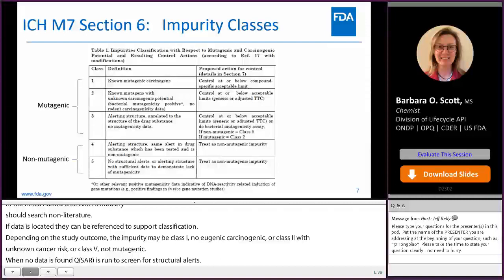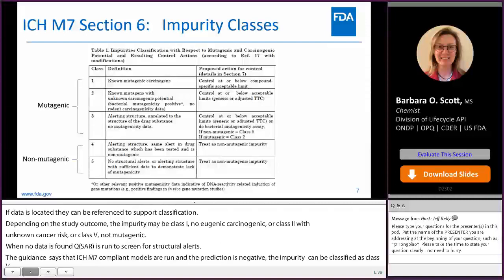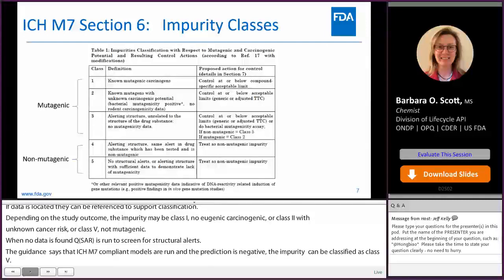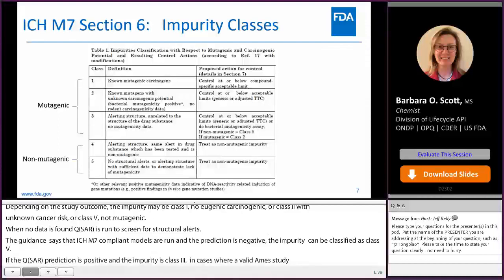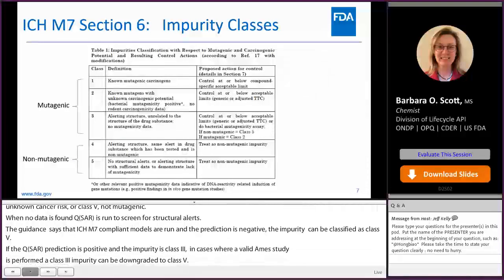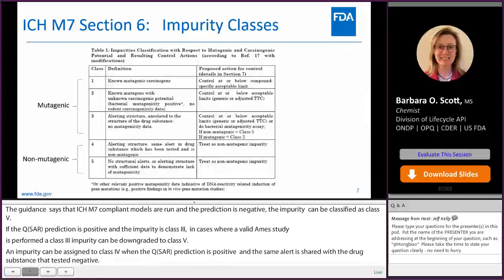In cases where a valid Ames study is performed as a follow-up study, a Class 3 impurity can be downgraded to Class 5. An impurity can be assigned to Class 4 when the QSAR prediction is positive, but the same alert is shared with the drug substance which tested negative in the bacterial mutagenicity assay. In this case, by structural similarity arguments, the impurity would be considered negative and non-mutagenic.